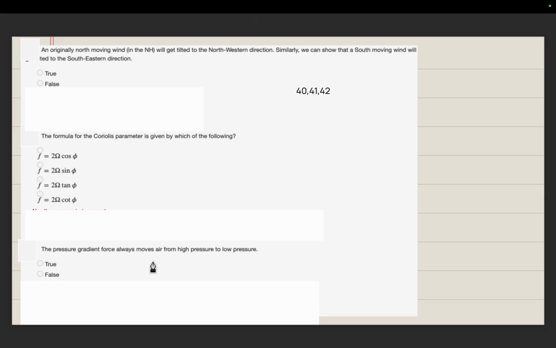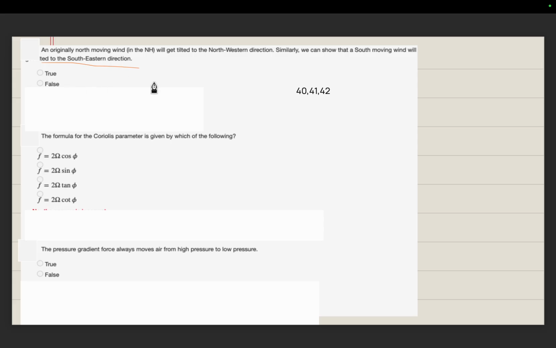Now question 40. An originally north moving wind in the northern hemisphere will get tilted to the northwestern direction. Similarly, we can say south moving wind will be tilted towards the southeastern direction.